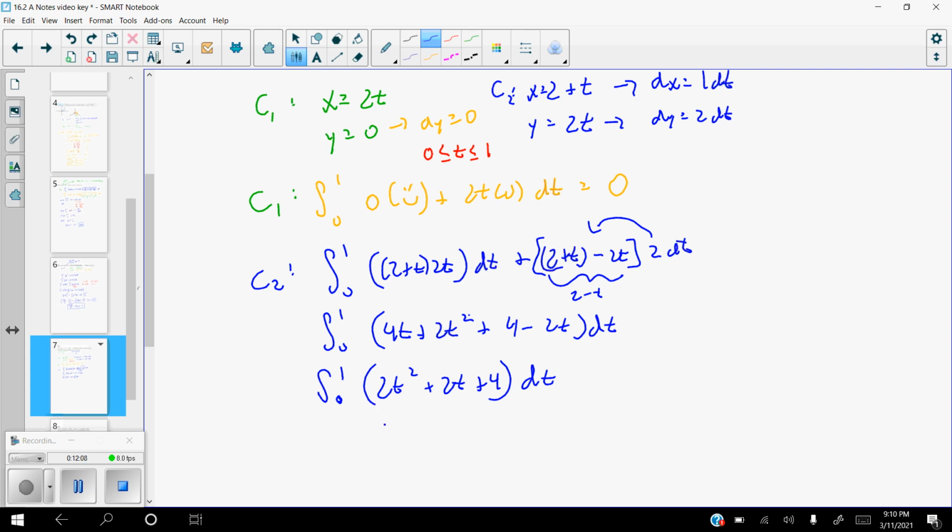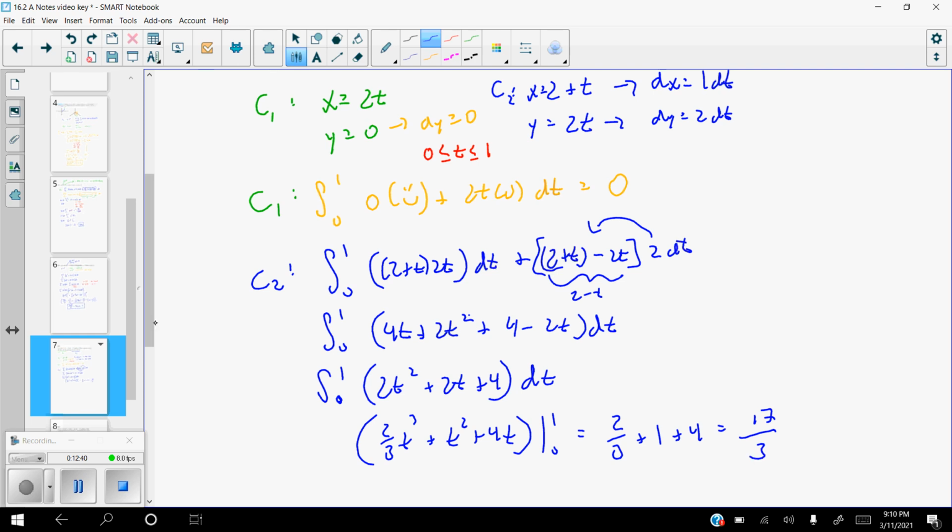We're going to get 2/3 t cubed plus t squared plus 4t from 0 to 1. Plugging the 0 in wipes everything out, so plugging in the 1 is all I have to worry about. We get 2/3 plus 1 plus 4, which is 5 plus 2/3. 5 in terms of thirds is 15/3, so we get 17/3.